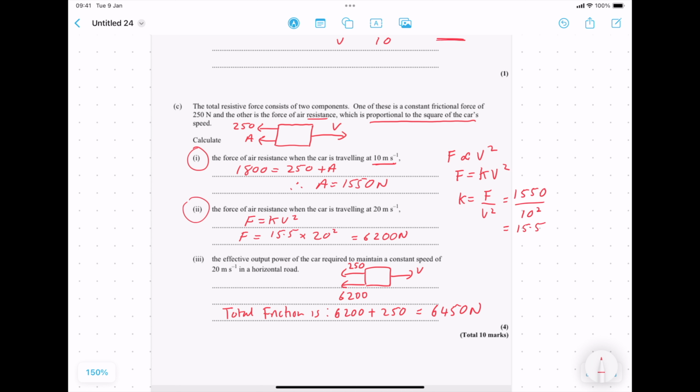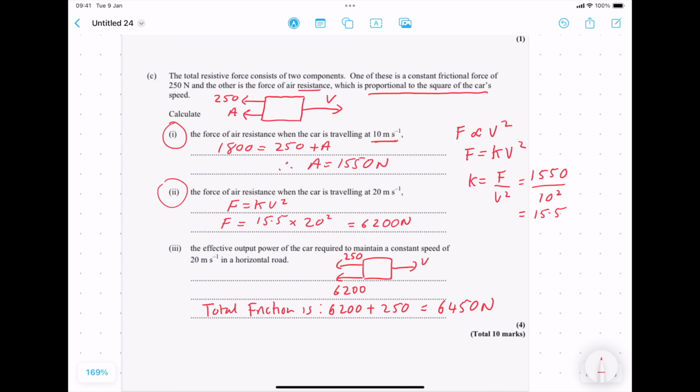So that's the total frictional force. Now, why do I need to know this? Well, if something's moving at constant speed, as I said previously, the driving force, which we've called V in this case, must be equal to the total frictional force. So therefore, this is also 6450.